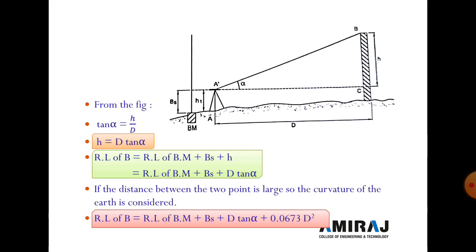Now from the figure we apply the trigonometric formula.